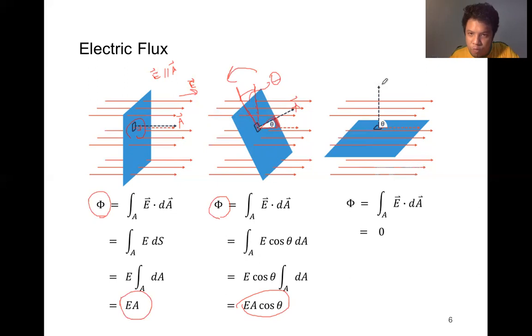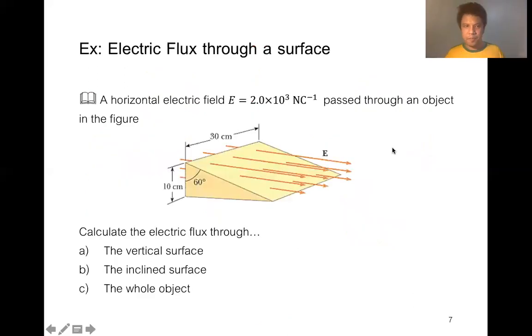But if we rotate the area so much that the area and the electric field are parallel, and the vector A and the vector E are perpendicular, we find that the flux is zero, because no field lines pass through the area.